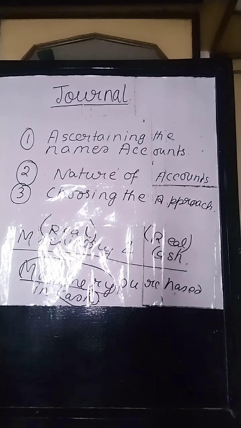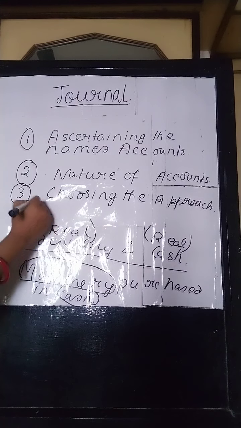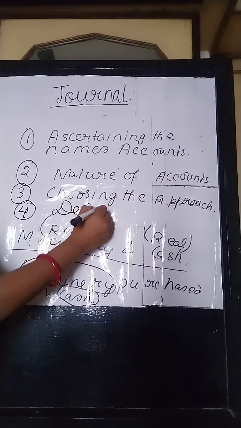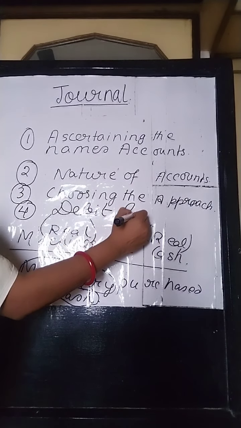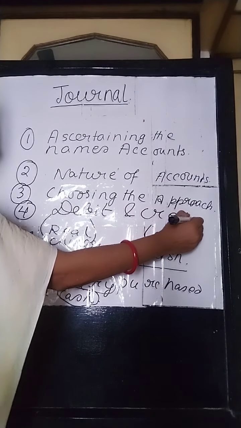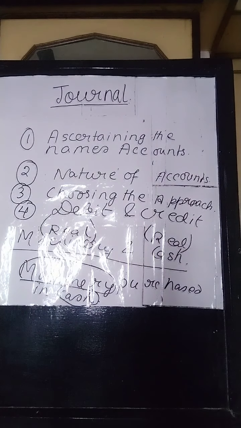The next step is ascertaining the name of debit account and credit account. That means the fourth step is to find out what is debit and what is credit. Among these two accounts, which account is to be debited and which is to be credited?